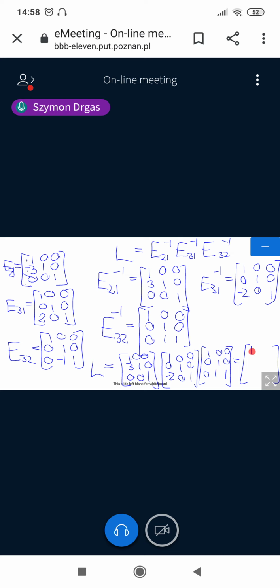This is always the case when we find an LU decomposition: we can just rewrite these non-zero elements below the main diagonal at their positions. So we write 3 here, -2 here, and 1 here. And finally, we have this L matrix.